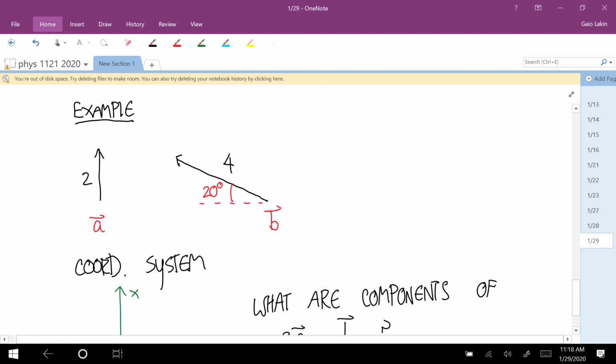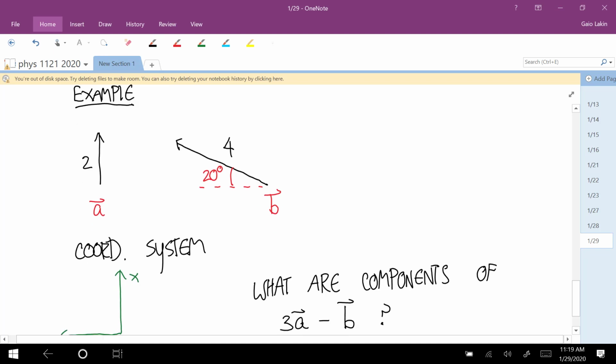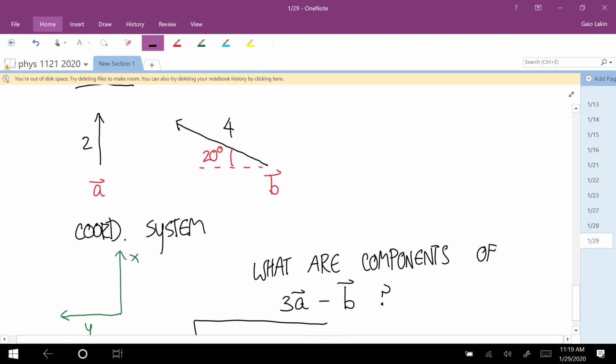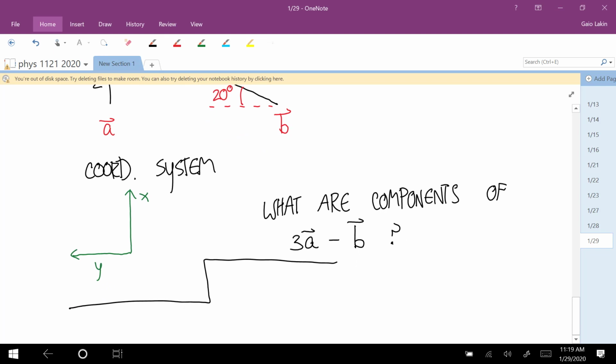Okay, so the way we're going to do this is first we're going to calculate the components of these two vectors in this coordinate system. Okay, and then we're going to use the rules for adding and multiplying with vector components.